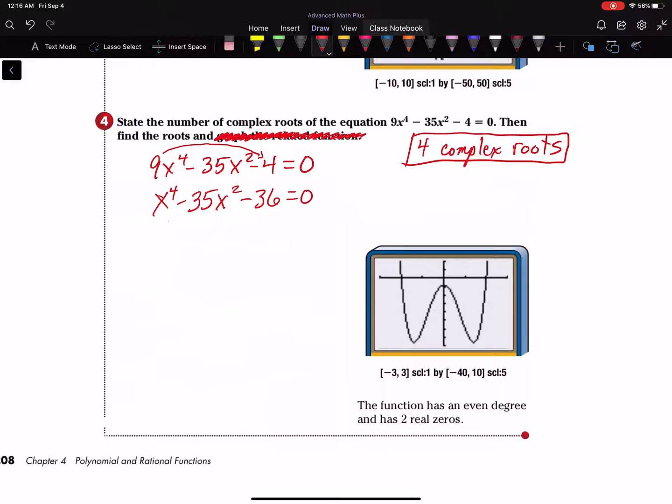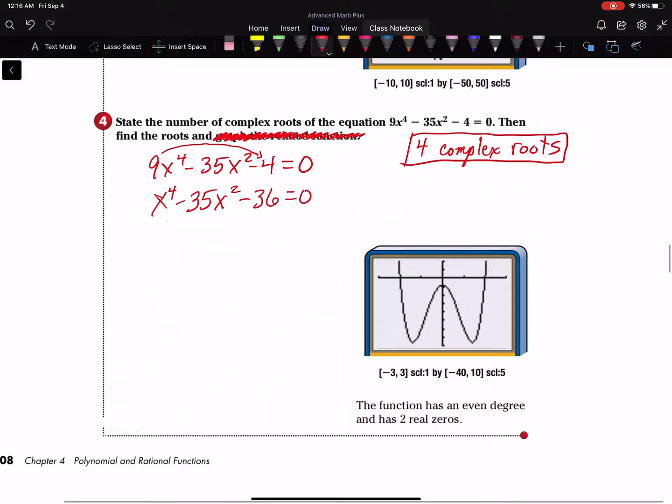Now understand, I'm just borrowing it for a second. And how did I borrow it? I moved the 9 and I multiplied it by the 4. Then I factor. Now normally we have x and x here, but since it's x to the 4th, I'm going to have x squared and x squared. But we do the same thing as far as the numbers go.